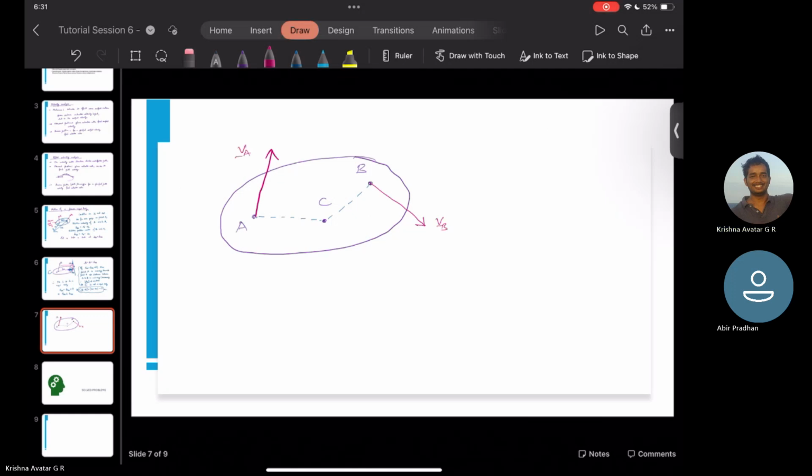And we are to find what is the velocity vector at C, right?